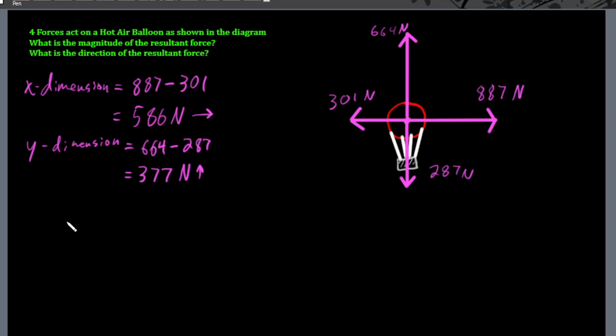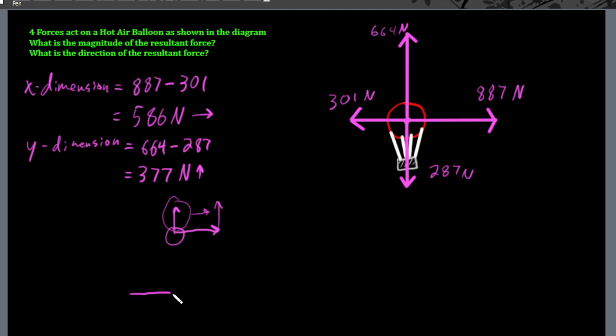Now in order to get my overall resultant, even though those are acting as if we've got a 377 upward and a 586 rightward, we cannot combine vectors tail to tail. So I'm going to slide this vector over and attach it head to tail like that. Let me just clean this drawing up a little bit.